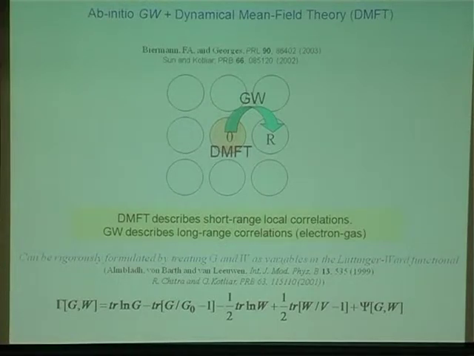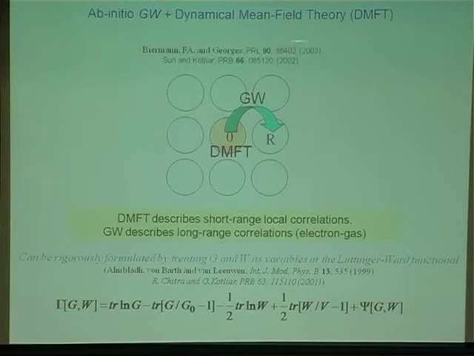Now I would like to describe a little bit about this scheme where we combine the GW self-energy and the impurity self-energy from dynamical mean field theory. This is quite an old work, already 10 years. It was done in collaboration with Antoine and Zilke in the audience.